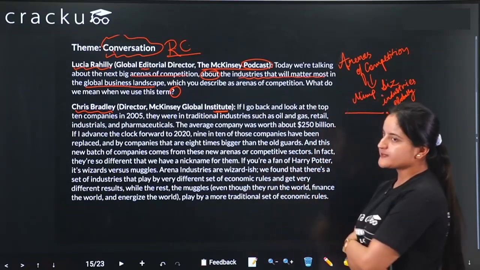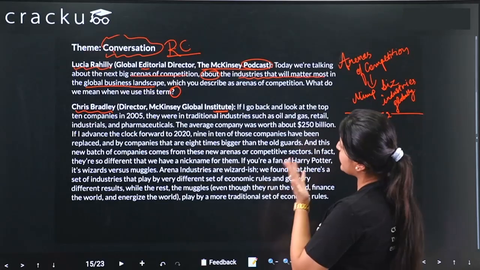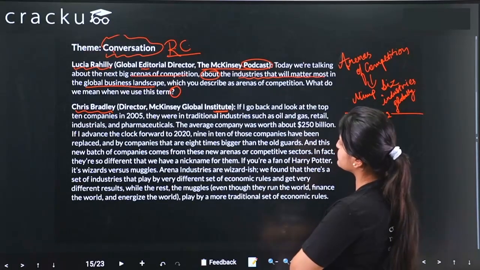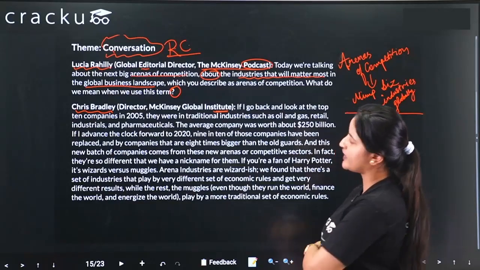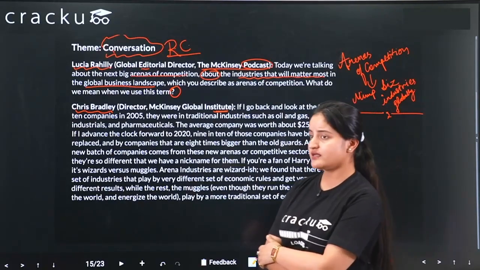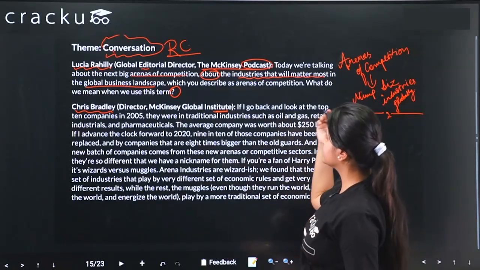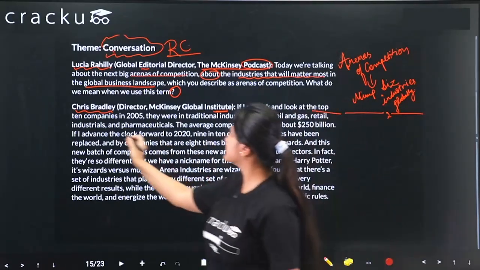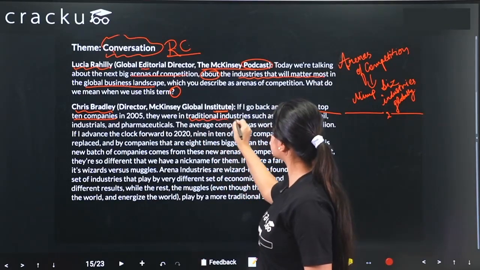So Chris says, if I go back and look at the top 10 companies in 2005, they were in traditional industries such as oil, gas, retail, industrials, and pharmaceuticals. So Chris is saying that when he goes back in time, he finds that the top 10 companies globally were in traditional industries.